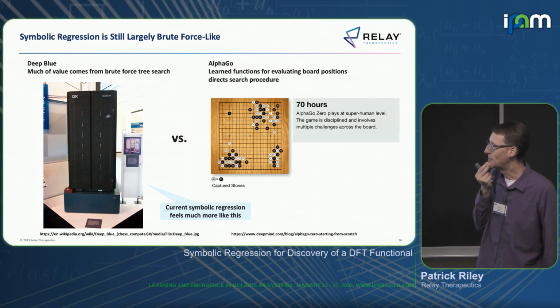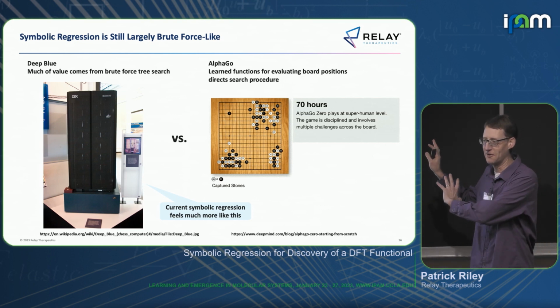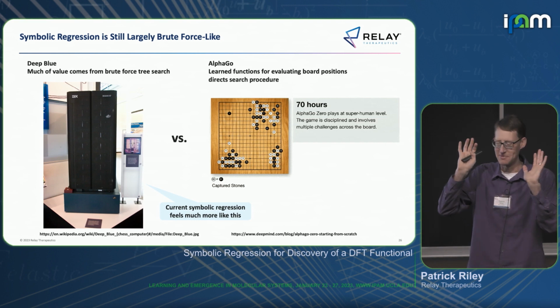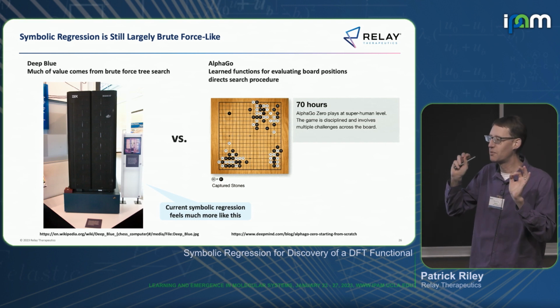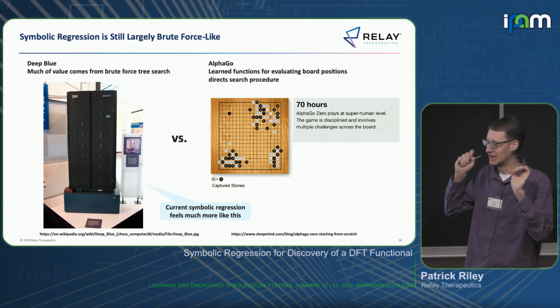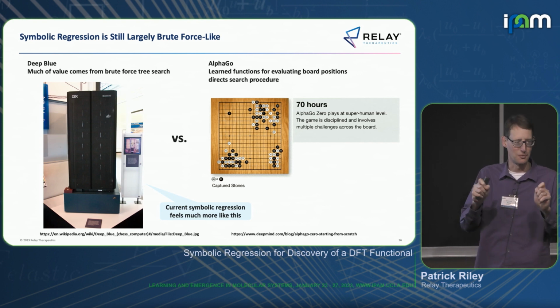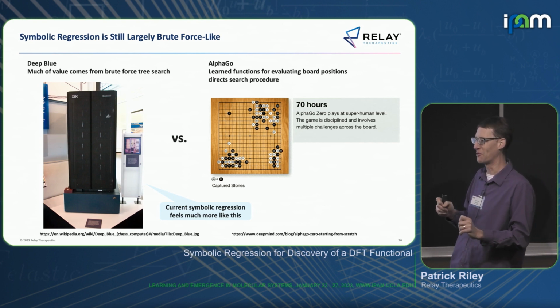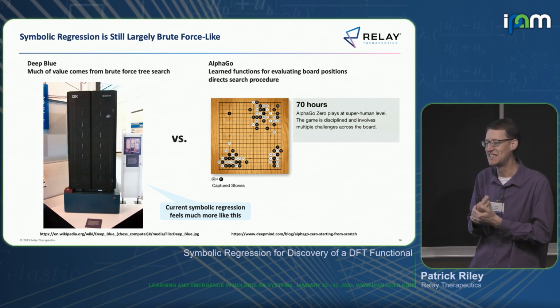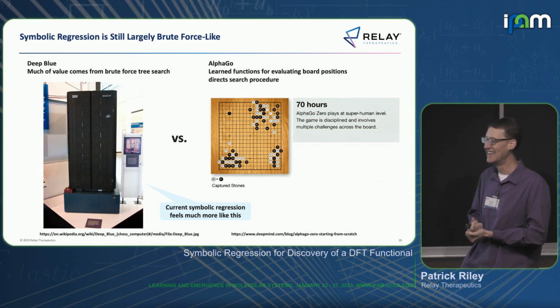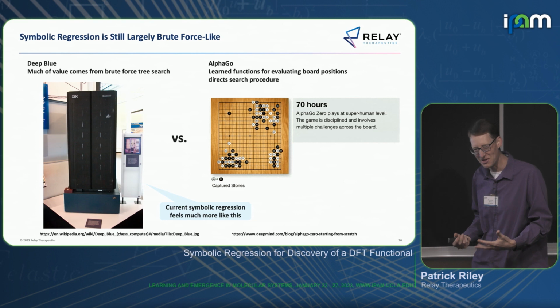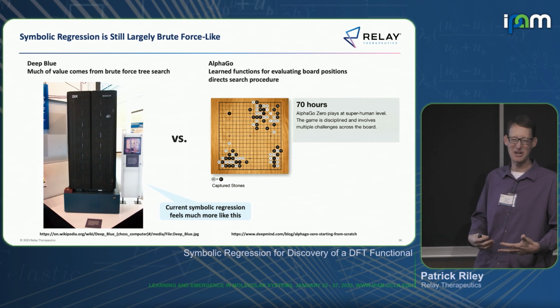The second is, if I compare Deep Blue to AlphaGo, right? If you remember, Deep Blue was IBM's chess playing machine. Really, what it was good at was looking at a lot of positions. It felt really brute force. And I think a lot of people in the AI world were dissatisfied at the end of it, because you're like, you could solve that with brute force? I thought it was going to be more interesting than that.